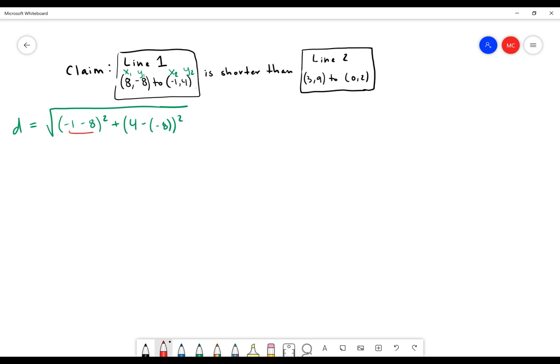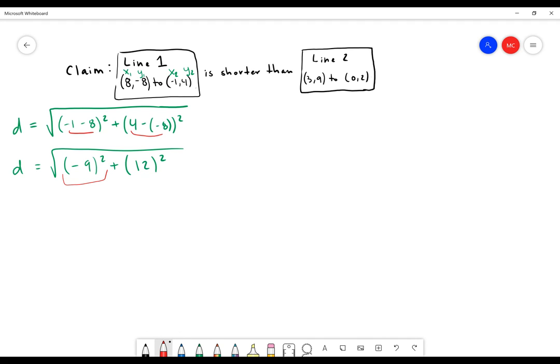The first thing I'm going to do is simplify what's inside my parentheses. So distance is equal to the square root of -1 minus 8, which becomes -9 squared, plus 4 minus -8. Well, minus a negative is the same thing as adding, so 4 plus 8 would be 12 squared.